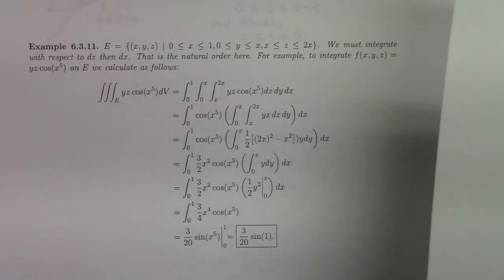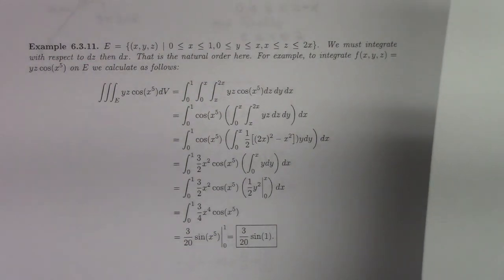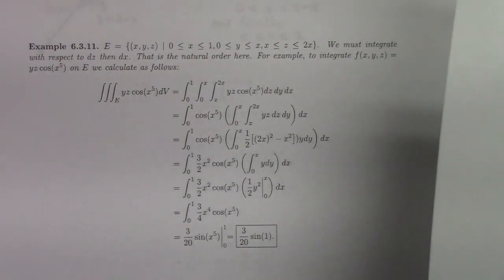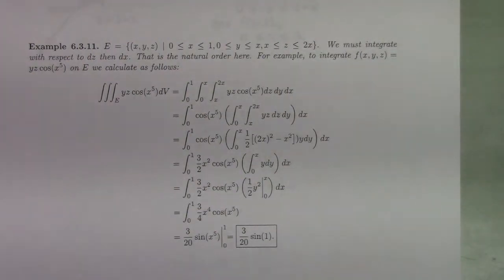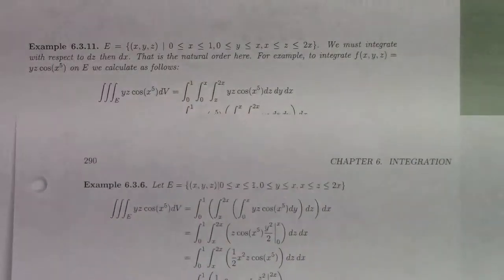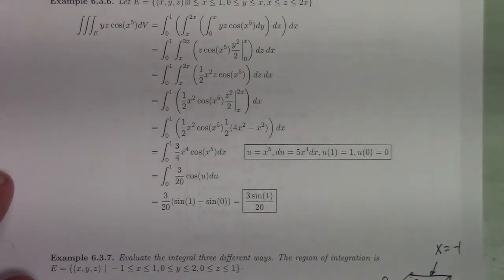Y is the cosine next to the, hey, isn't this example 6.36? Notice that this is very similar. This is example 6.36, right? 3 sine 1 over 20 was the answer.